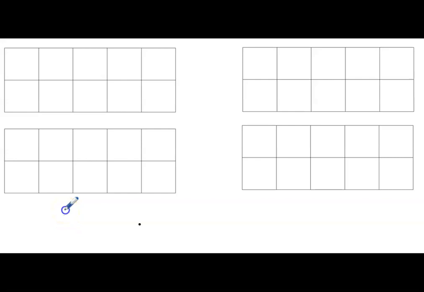So I'm going to write some numbers down here. Can you tell me what number that is? You are correct. That is the number 13. Okay, so can we build 13? Let's see, we're making 13.